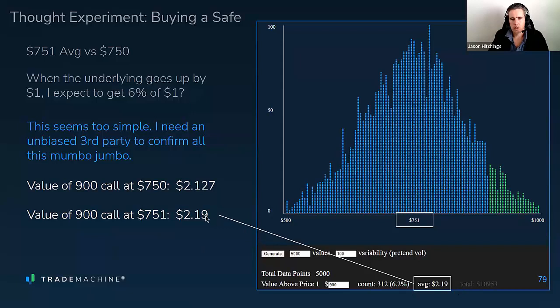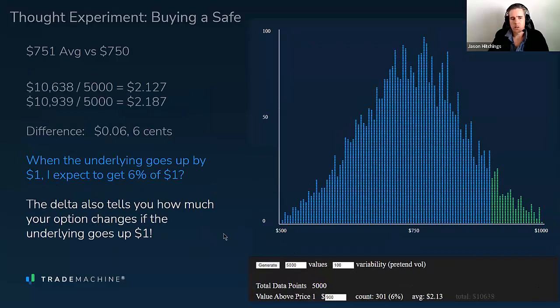Pretty darn close. If we simulate other times, it might be 5 cents or 8 cents. But when we bump it up to 751, we see that the value of that option is going up by about 6 cents. And it turns out that's not a coincidence. That's part of the magic of delta.